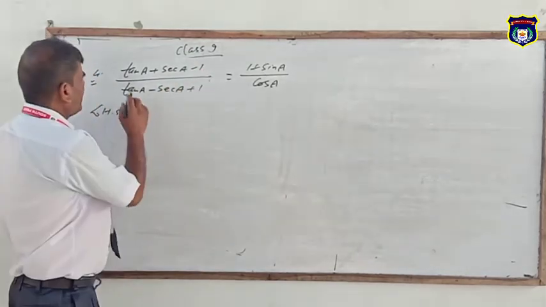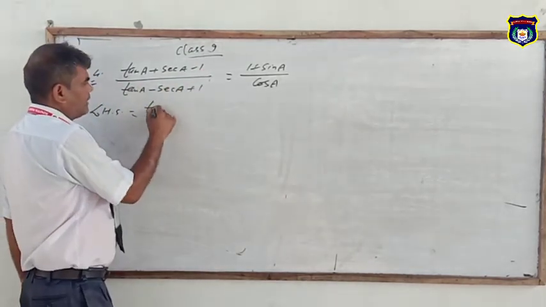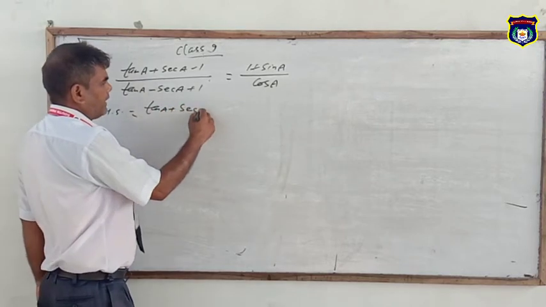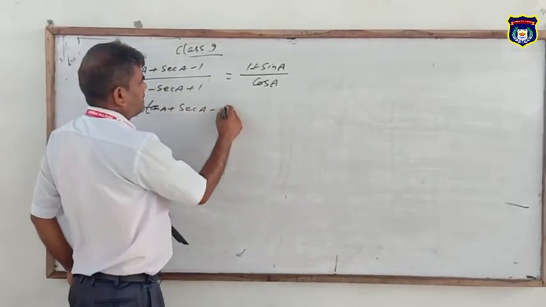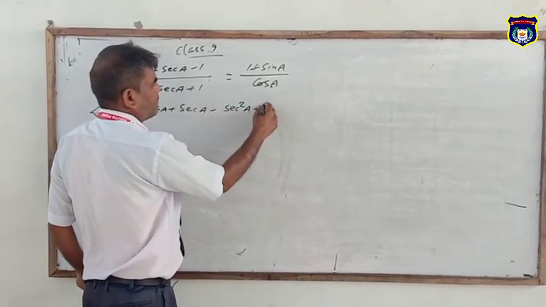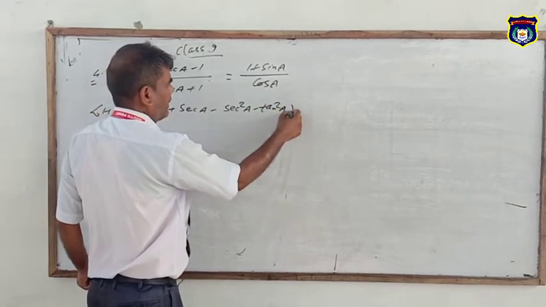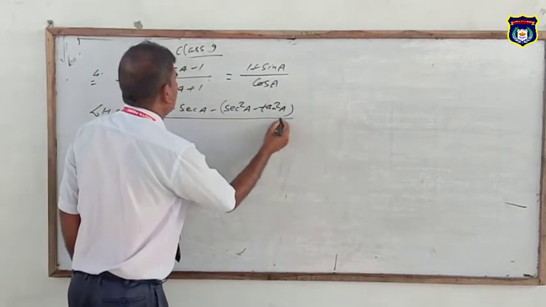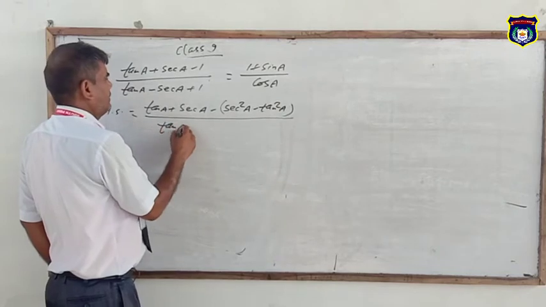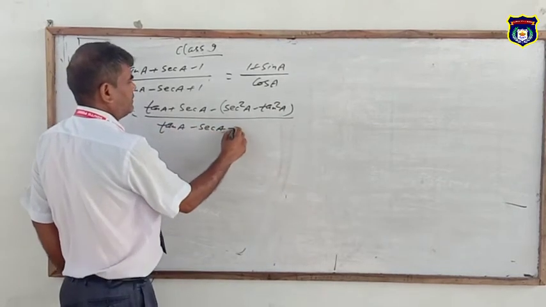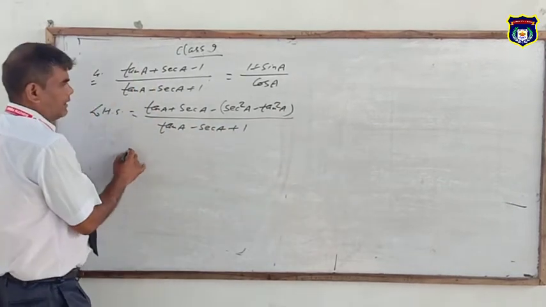Formula of 1 in tan and sec form. Tan A plus sec A, this is (sec square A minus tan square A) by (tan A minus sec A plus 1).